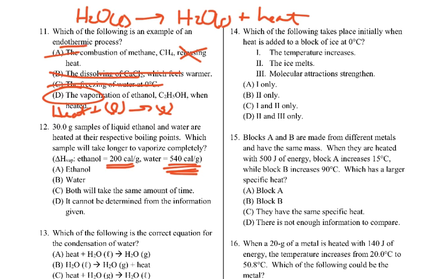The larger delta H is resisting change in phase. So, 30-gram samples, which will take longer to vaporize completely? This one's going to take longer because it resists vaporization, because it has a larger delta H of vaporization. So the answer is water, answer B.